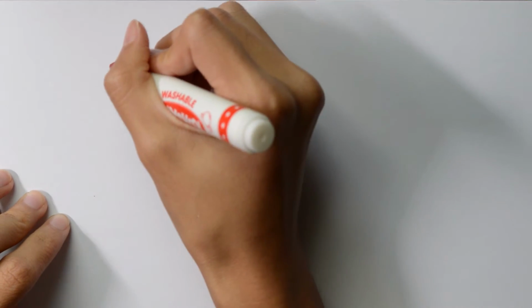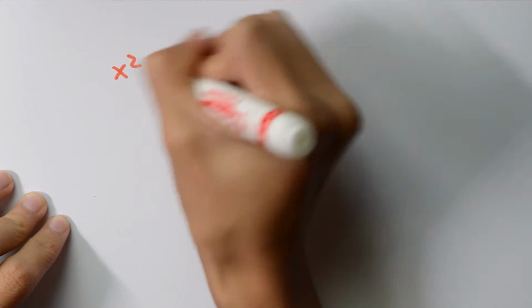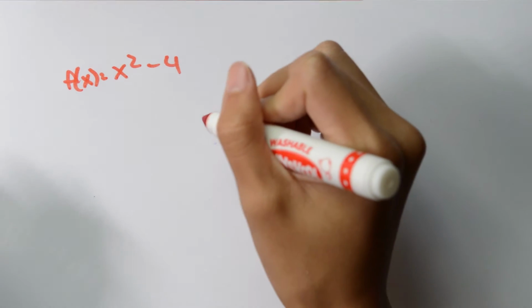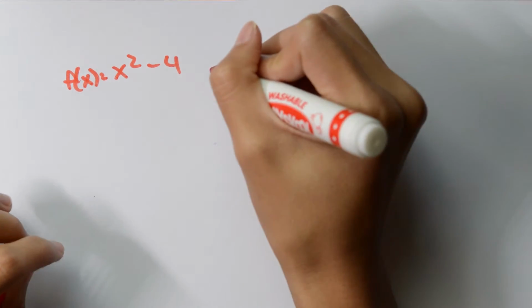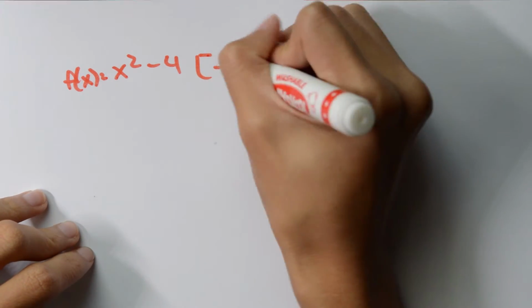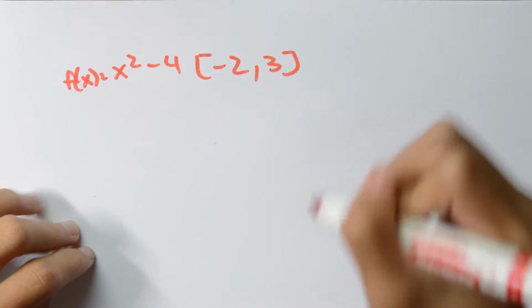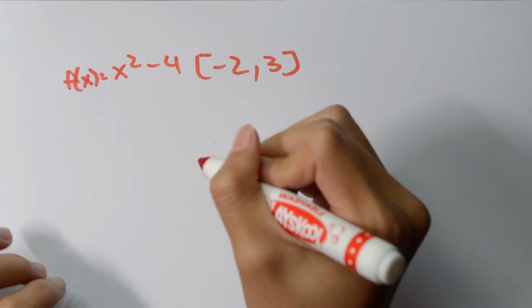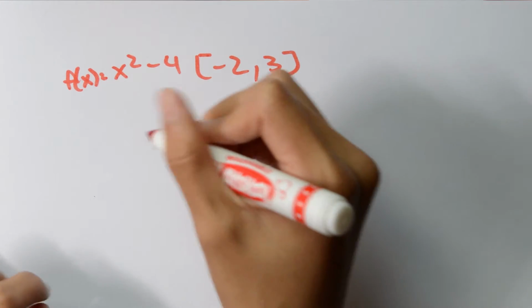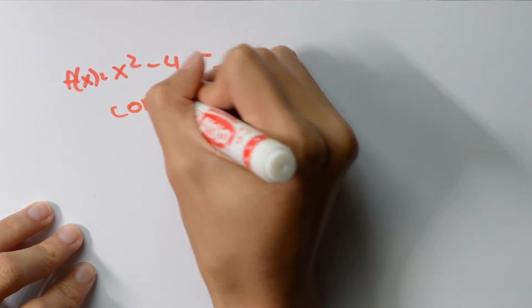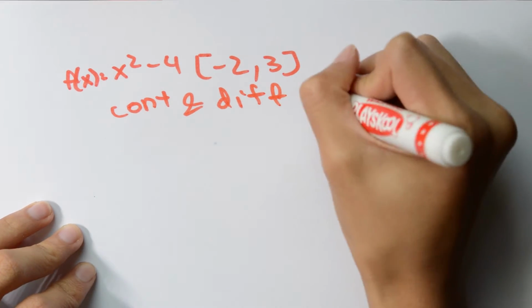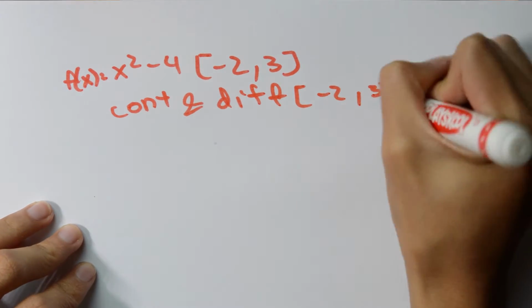For a quick example, we will revisit the equation x squared minus 4, but instead of the interval -2 to 2, we will make it the interval -2 to 3. First, we must state that the function is continuous and that it is differentiable on the interval -2 to 3.